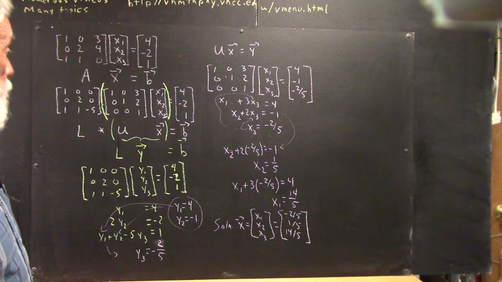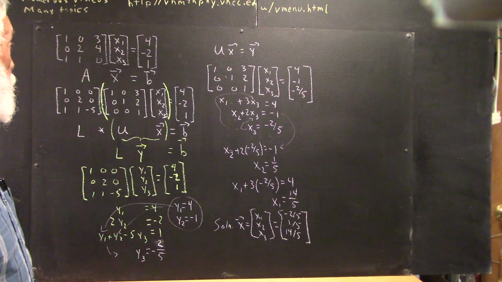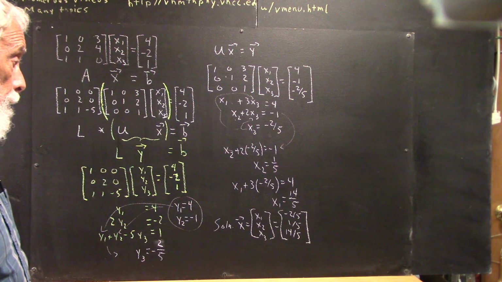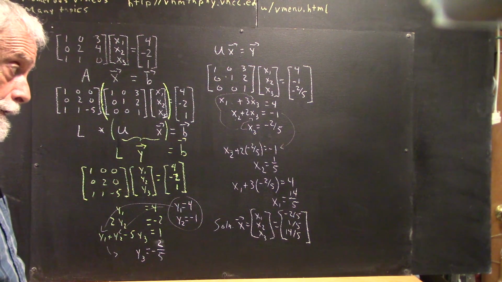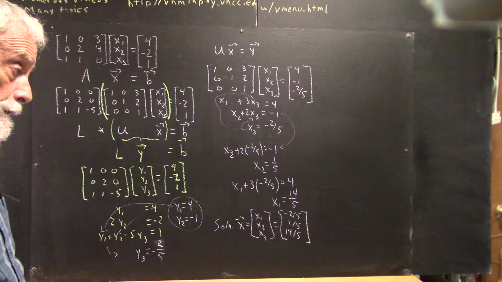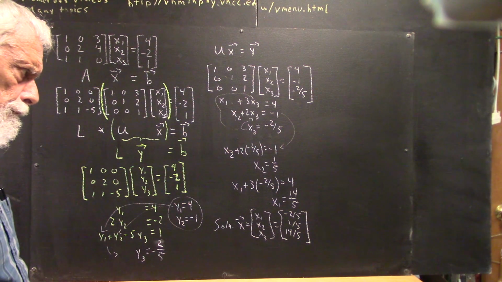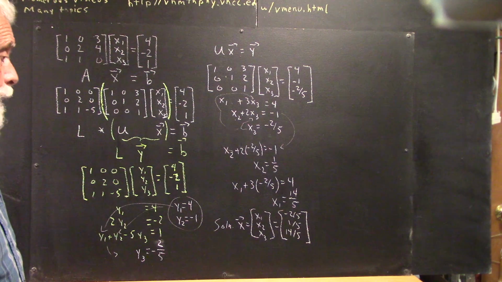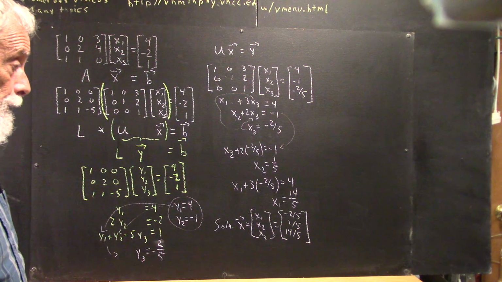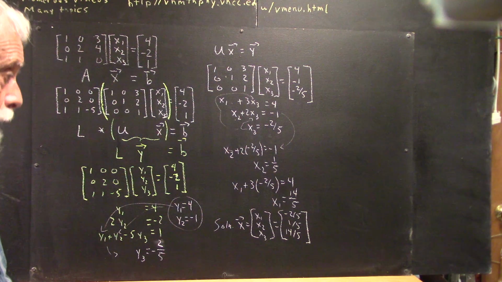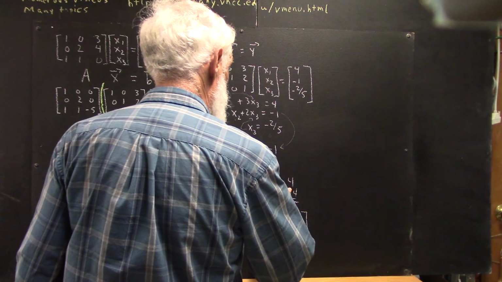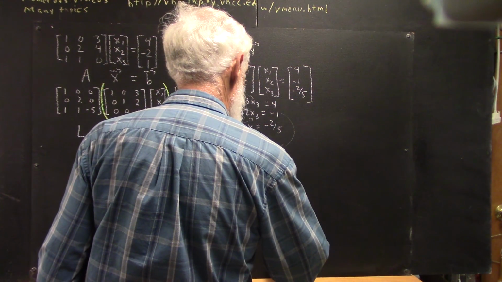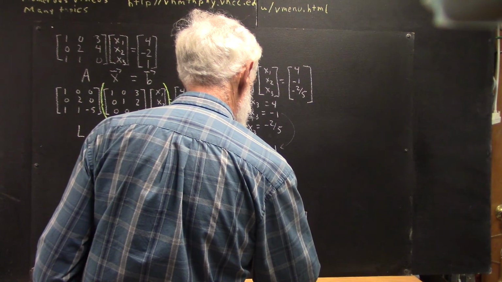I'll just check out the first row, and it doesn't work at all, so something's wrong. Among other things, I'm adding 6/5 to both sides instead of subtracting 6/5 here, so that should actually be 34/5.